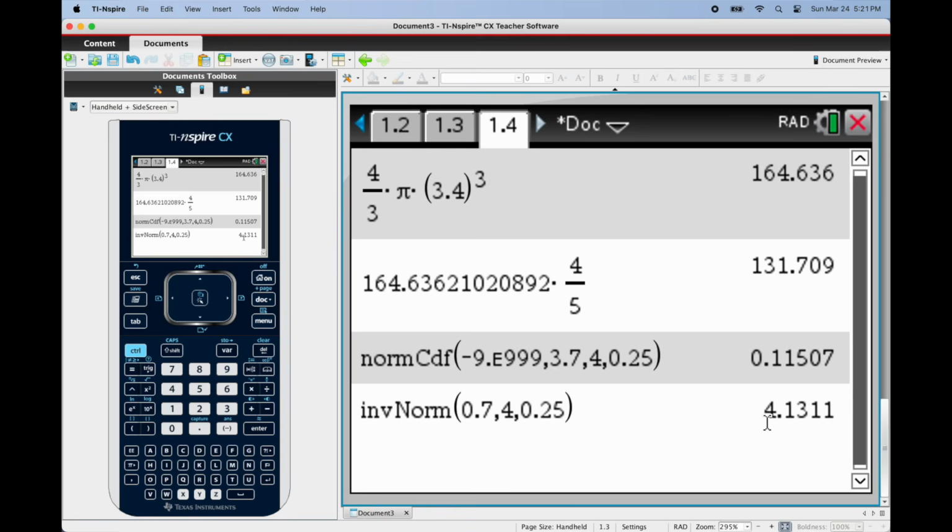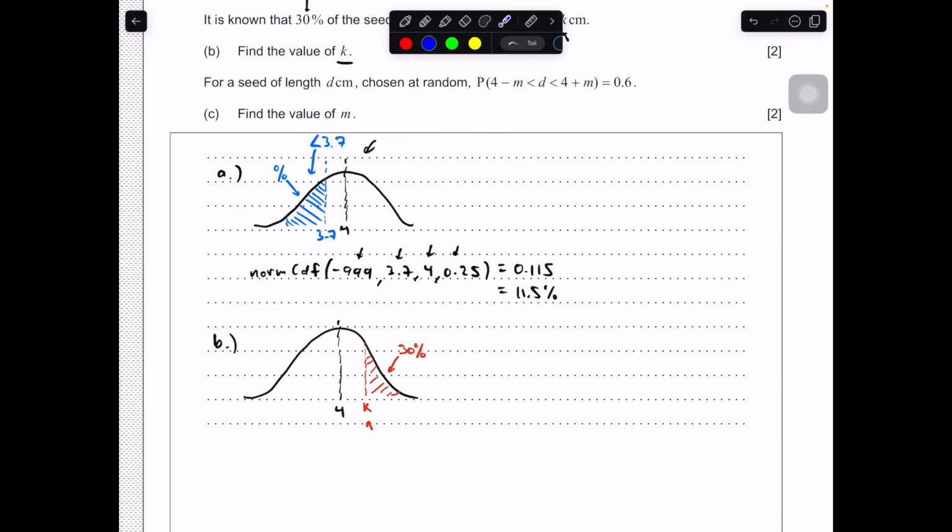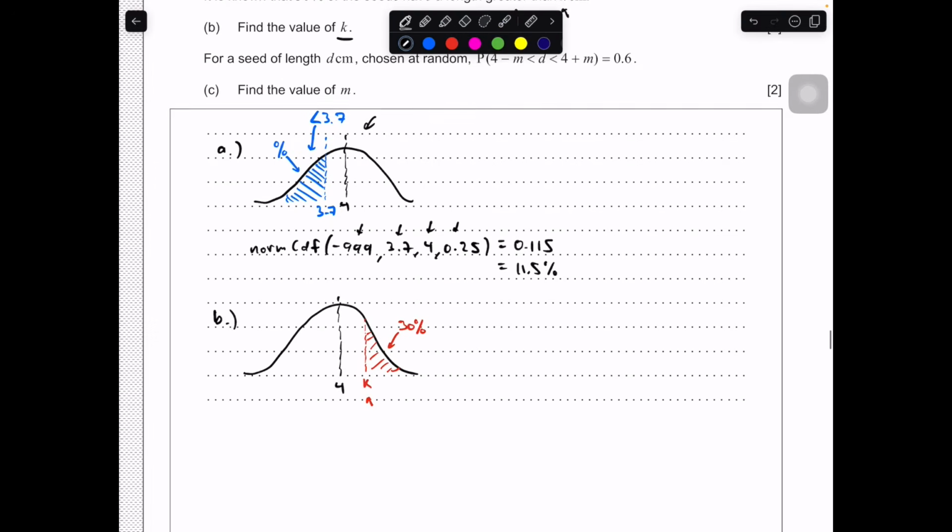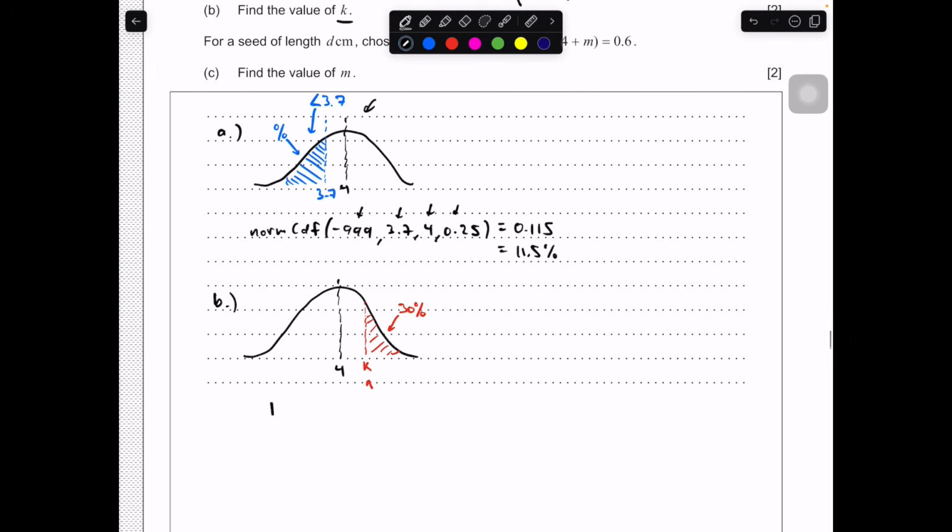This is the cutoff point, the length of the seed, 4.13 centimeters, and 30% of the seeds are greater than this value. So let's type this in. k is equal to 4.13, and that's reassuring because it's to the right of the mean, and that would give us this 30%.